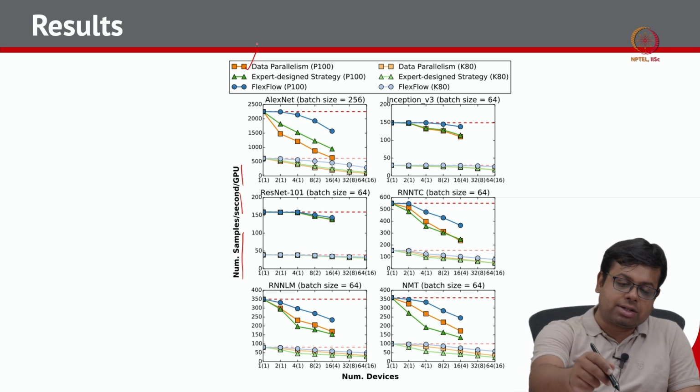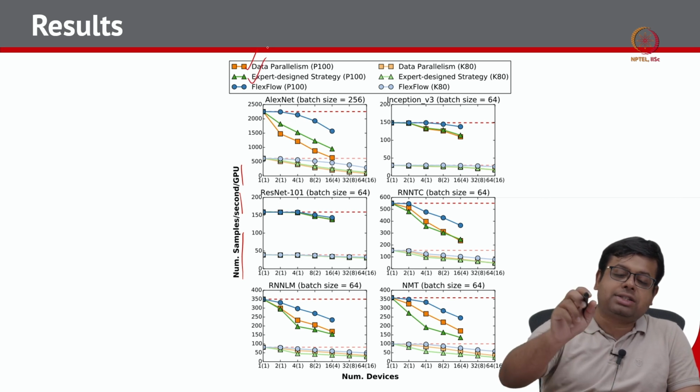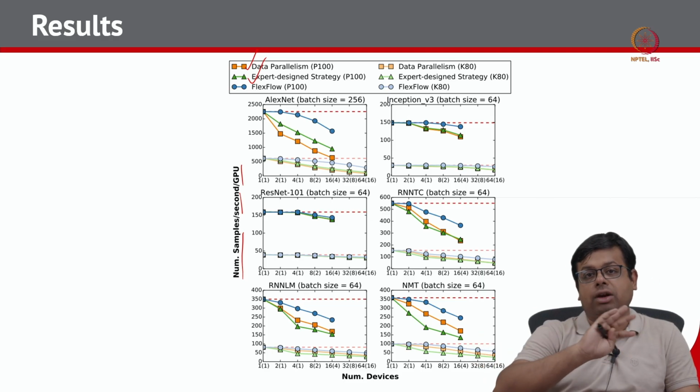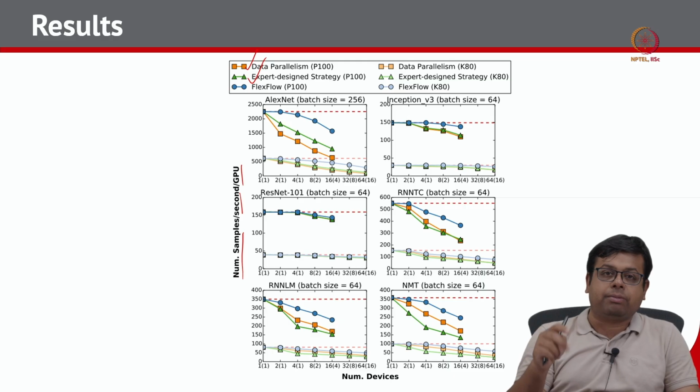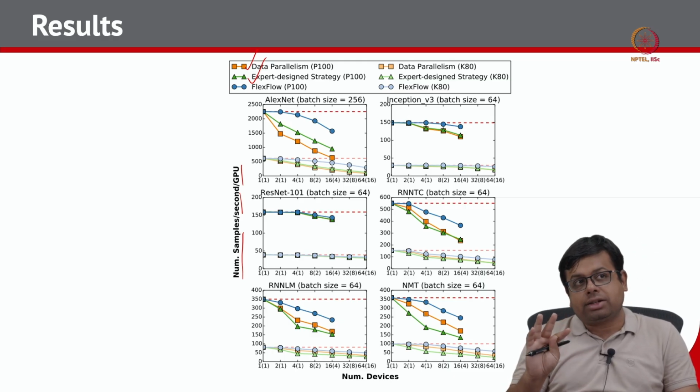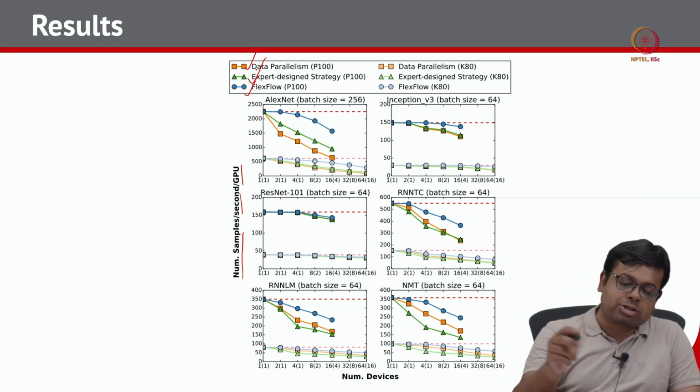One is data parallelism, one is expert design strategy: if one expert has done many DNN trainings in their life, maybe there will be some intuition, right. So, with that intuition, that expert can design one good strategy, right. And finally, FlexFlow is another strategy.